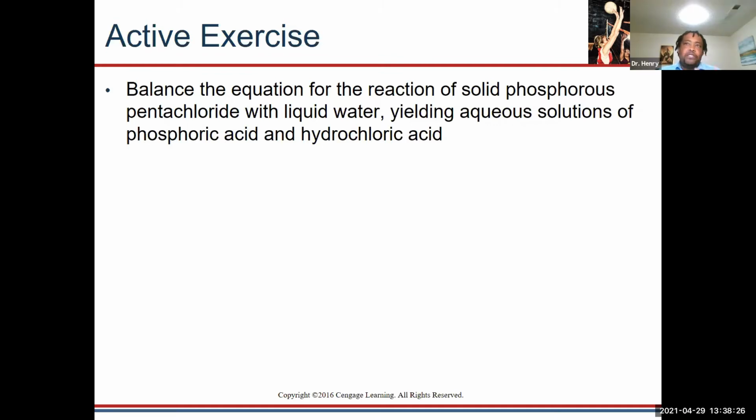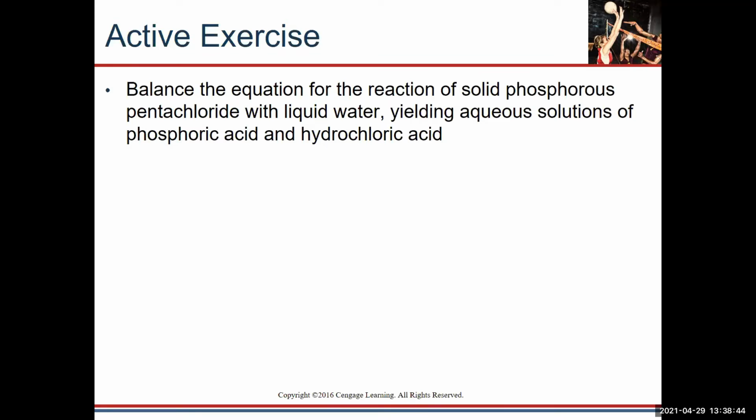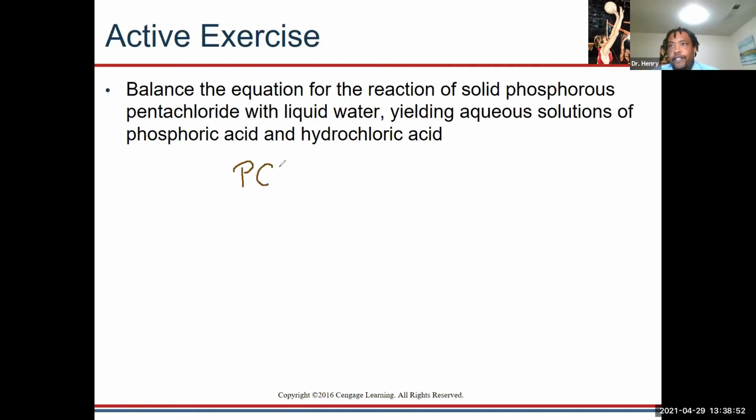Okay, so balance the equation for the reaction of solid phosphorus pentachloride and liquid water, yielding aqueous solutions of phosphoric acid and hydrochloric acid. Okay, so what is the chemical formula? PCl5.